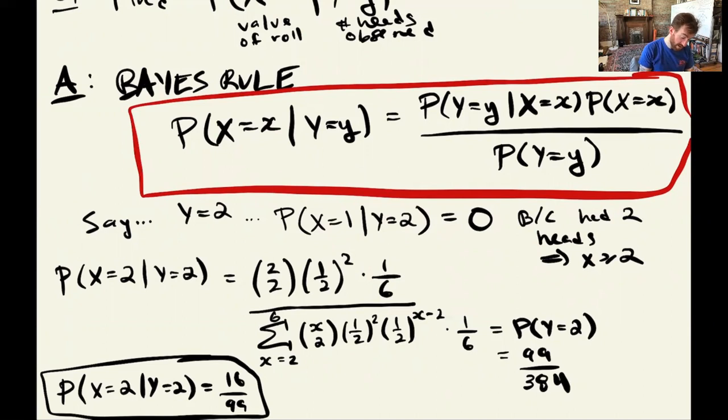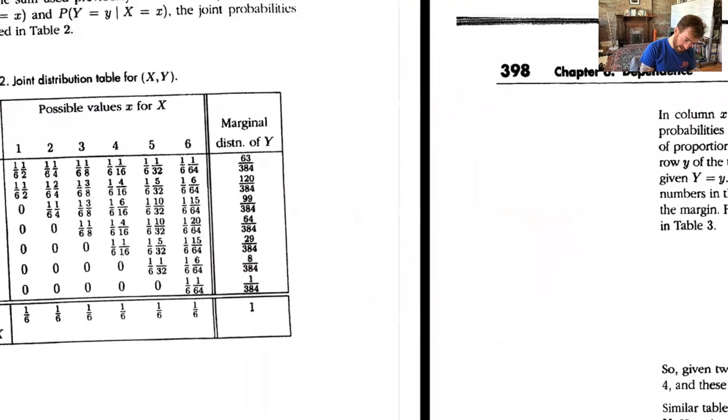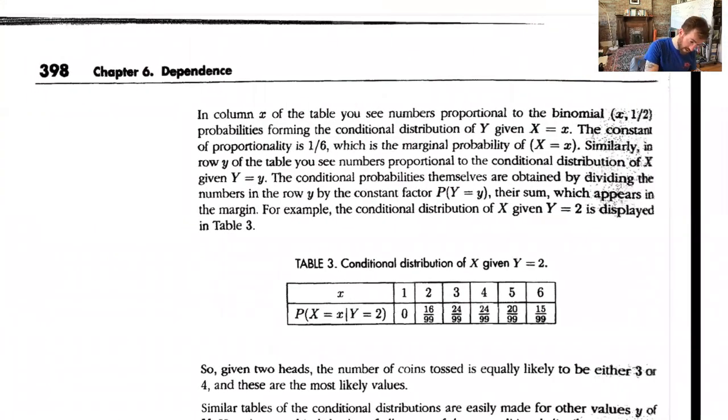So then I end up having to divide 24 into 384, and I think that works out to be something like 16. All right, so this is already now a pretty complicated distribution, and you'd have to go through and compute that for every possible value. So let's go ahead and just now look at what this conditional distribution is.